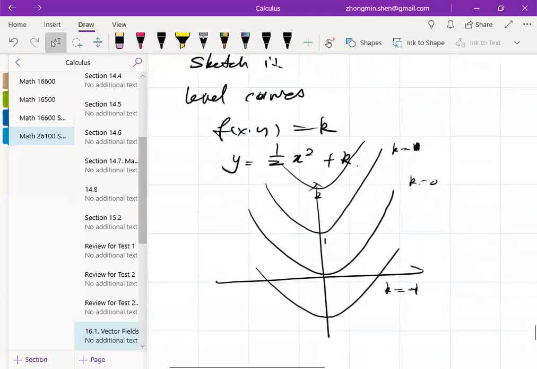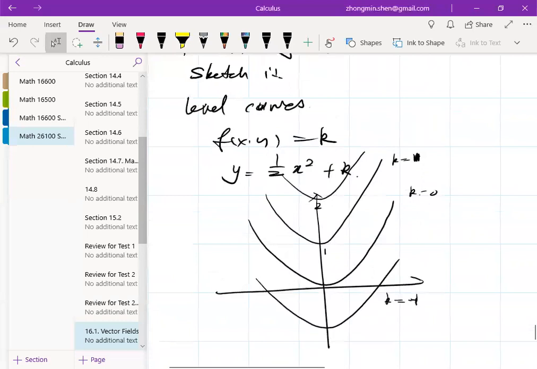Okay, so I think k increases from -1 to k. So I believe that this is my gradient. Maybe here it's longer, but along those level curves, I'm pretty sure the gradient vector fields are similar.